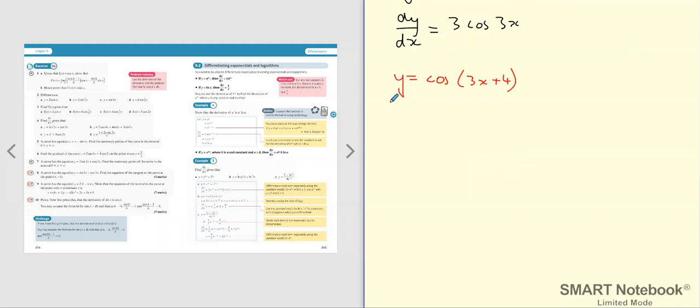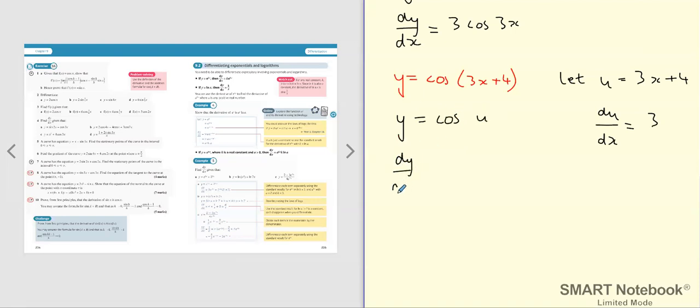So I've got this funny bracket here. My first substitution is going to be let u equal 3x plus 4, not y, u, because I've already got y in there. And so du by dx is going to equal 3. And now, y is going to become cos u.